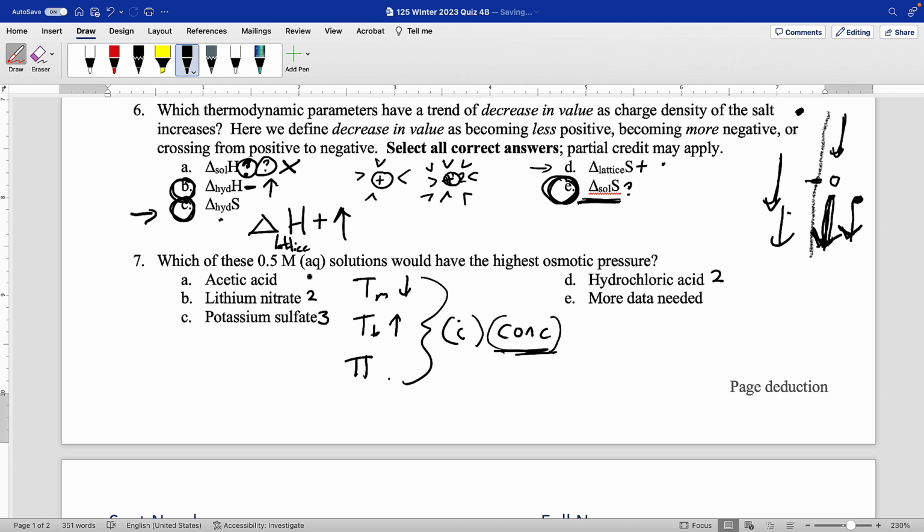What about acetic acid? Acetic acid is a molecule and it breaks up to form ions, but most of the molecules stay as acetic acid. So I'll just put approximately 1. It's going to be a little bit higher than 1, but not much. So looking at this, we can see that the clear winner is potassium sulfate because of its higher Van't Hoff factor.